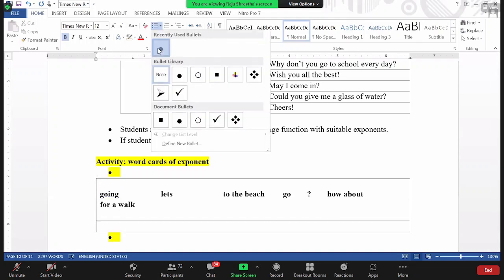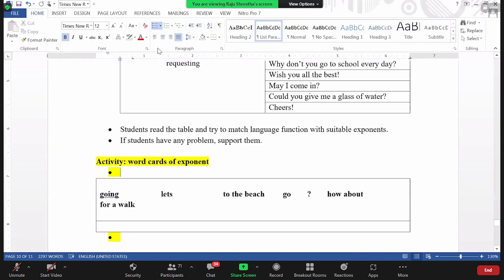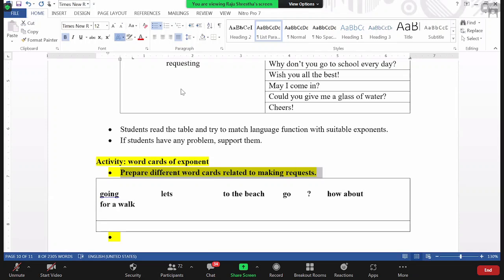Simply, this is about requesting. First, we need to prepare different word cards related to making a request. This is the first step, they prepare.